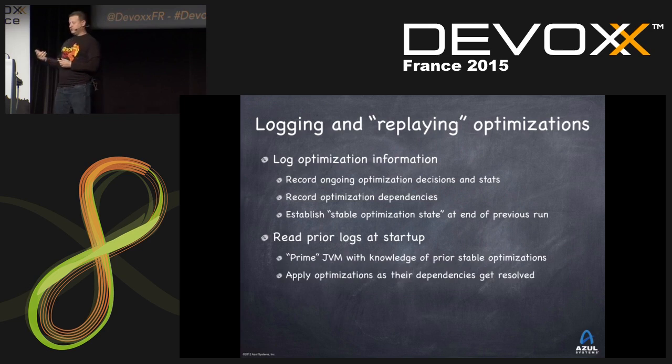You then read those logs into a JVM at startup or prior to actually running any code and sort of prime things so they're ready to go. Now, this is a tricky thing because you can't just take the code from yesterday and apply it. And you can't just say, I start up, I'll apply the optimizations right now, because it's actually invalid to apply certain things before they're initialized.